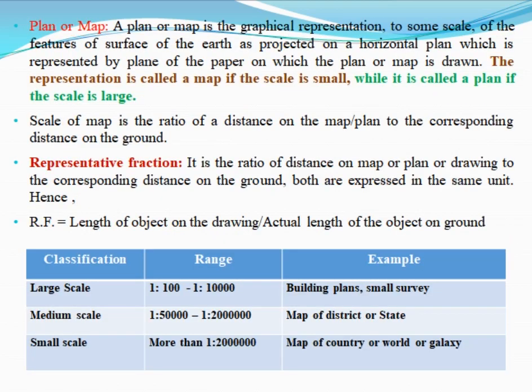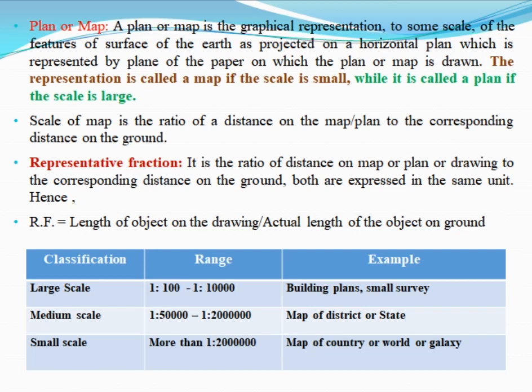Then plan or map. A plan or map is the graphical representation, to some scale, of the features of the surface of the earth projected on a horizontal plane, which is represented by the paper on which the plan or map is drawn.